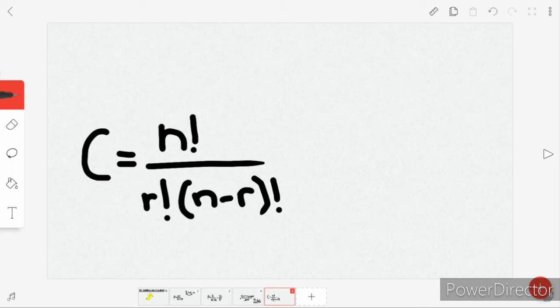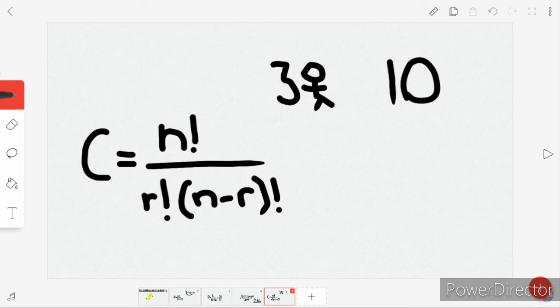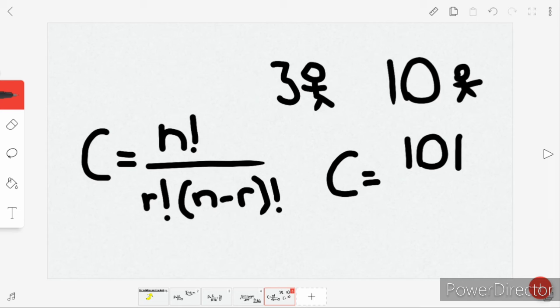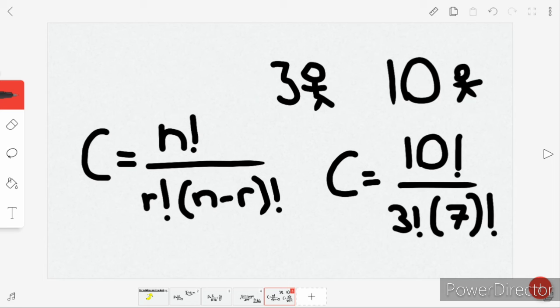So how many groups of 3 people can you make in a total of 10 people? Okay, let's try that out. So we know that C is equal to 10 factorial divided by 3 factorial, and we have 10 minus 3, which is 7 factorial.